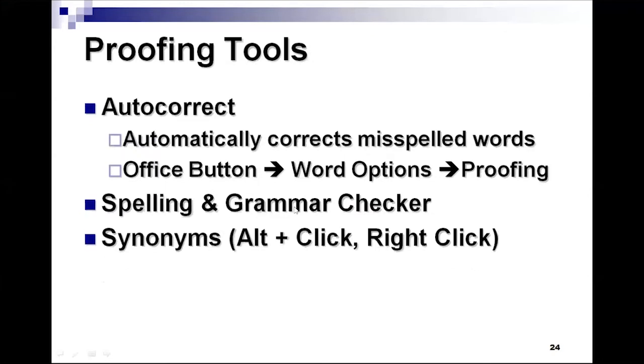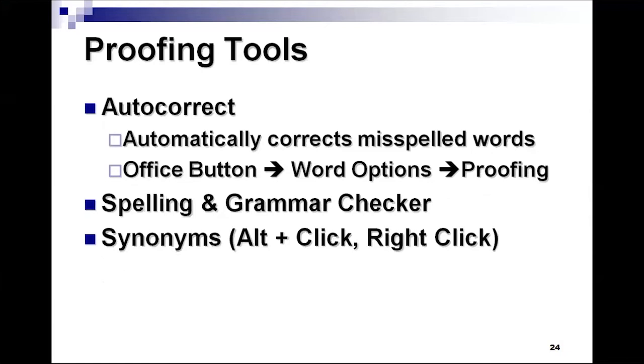Next one, proofing tools. This is also an important section when you create your documents, right? Basically, once we have developed a document, for example a report, you are asked to submit a report as an assignment.